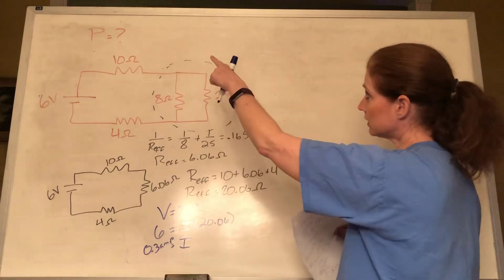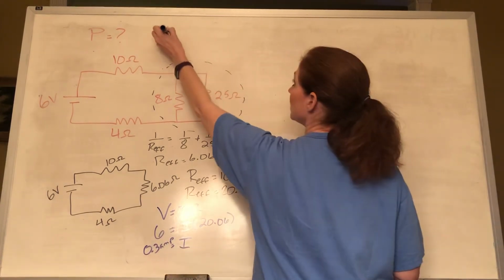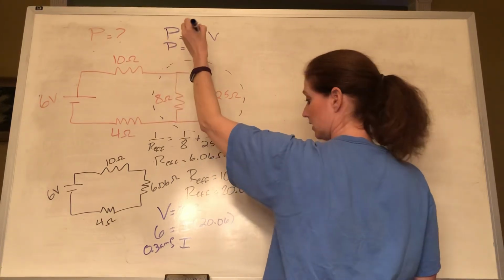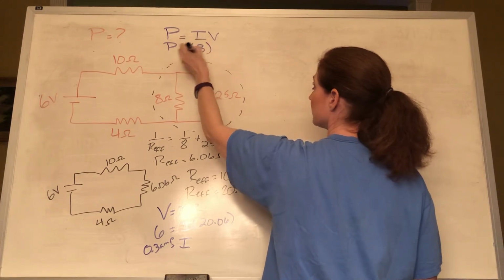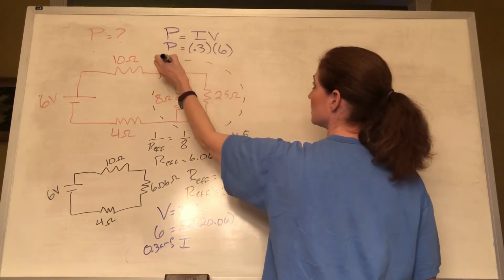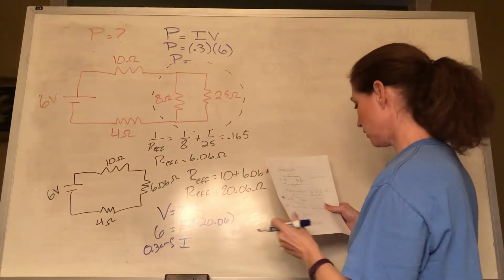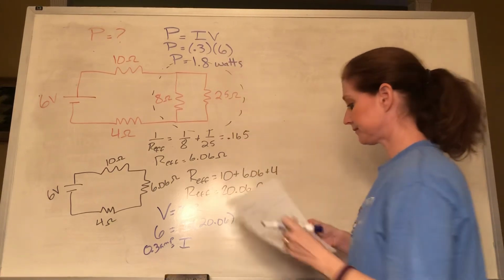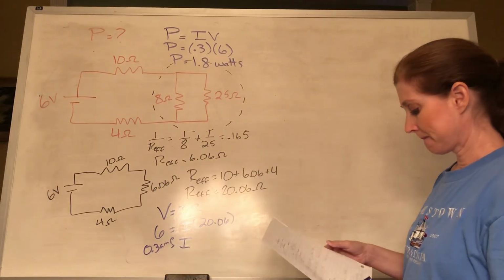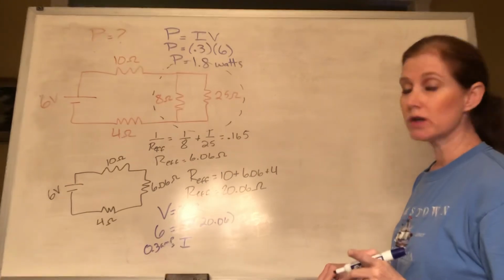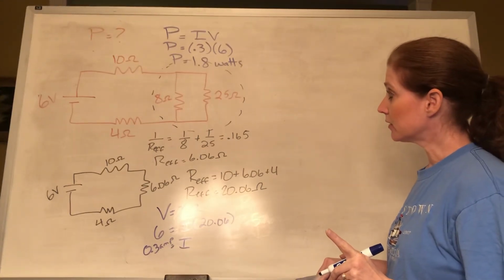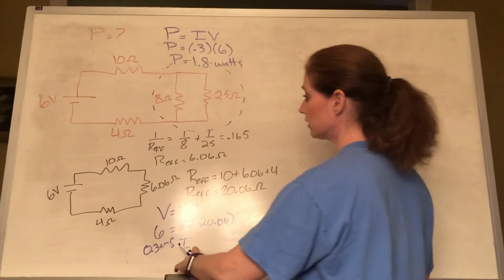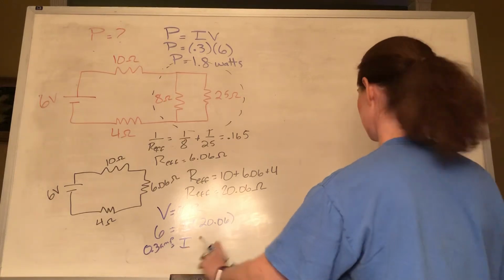All right, power is what we're looking for, so P equals IV at 0.3 times 6, and so the power is 1.8 watts. All right, we're gonna do one more circuit, and it's a little bit harder, but if you just take each piece, you'll see that's really no big deal.